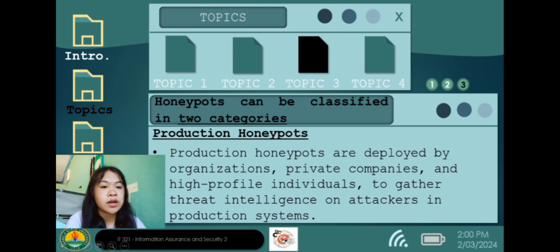Production honeypots are deployed by organizations, private companies, and high-profile individuals to gather threat intelligence on attackers in production systems. These honeypots are configured to mimic genuine systems or services to entice attackers and gather threat intelligence directly from real-world attacks.